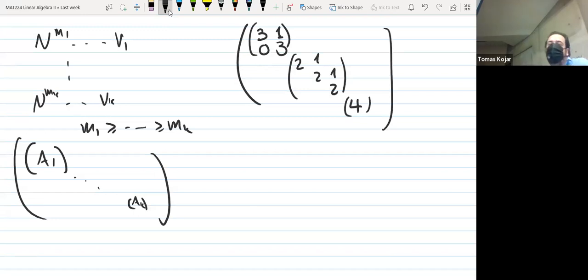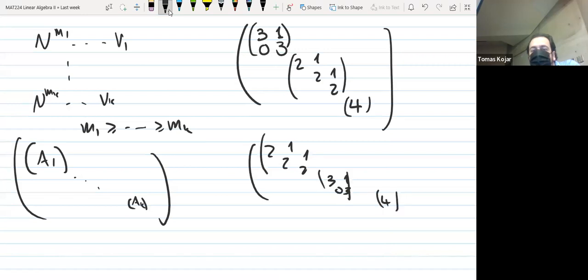Okay? You could also have written this as 2, 2, 2, 1, 1, 3, 1, 3, and 4. Okay, they're the same thing up to permutation. Okay, they're both called Jordan canonical forms. So I think this is in your homework, isn't it?